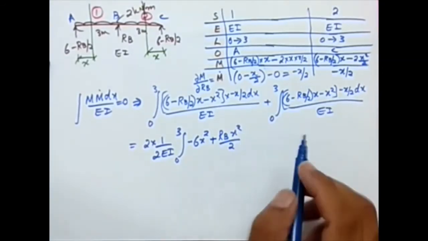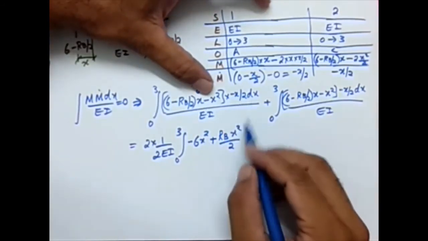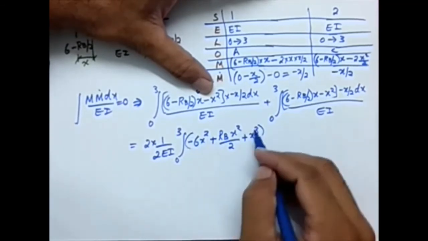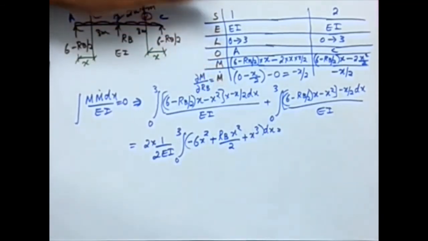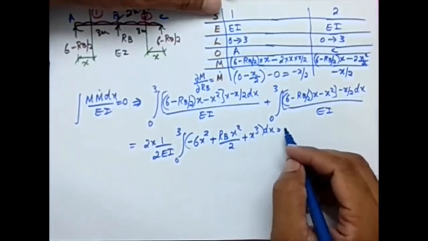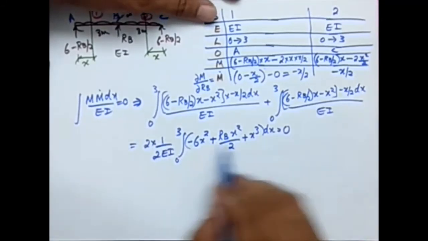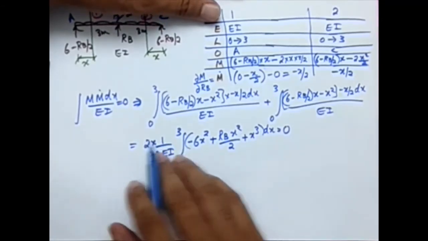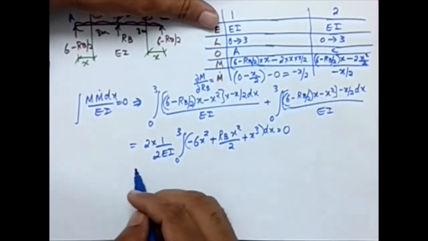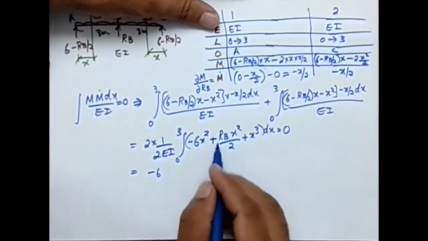Then we have this minus x square into minus x, that is plus x cube dx. And what should this be equated to? This should be equated to 0, right? So I can take this whole term to the right hand side. It is 0, so this term vanishes. So what I am left with is minus 6x square.